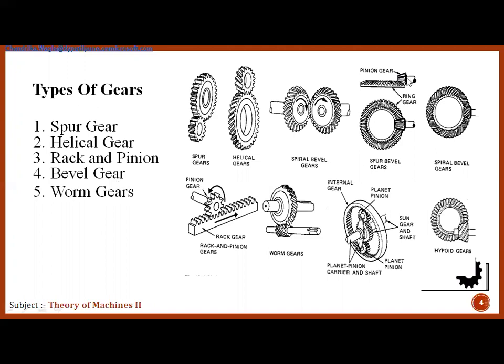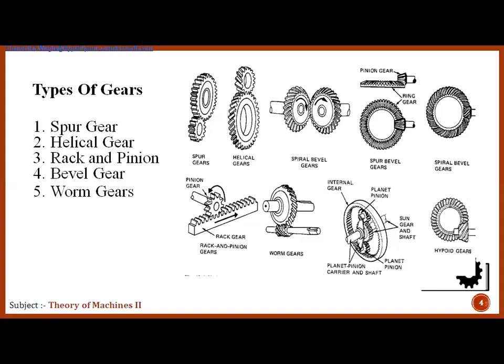If you can see, the axis of this pinion gear is this particular axis, and the axis of this other gear will be like this. So both these axes are mutually perpendicular to each other. So these are the bevel gears, isn't it?